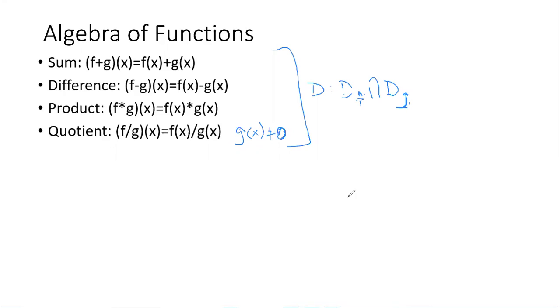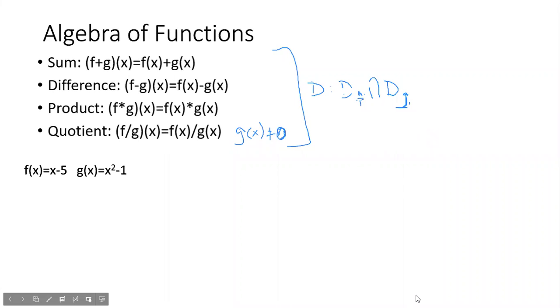And if the domain of f is x is greater than 3 and the domain of g is x is less than 10, then the domain of the function after we do our algebra can only go from 3 to 10, because we have to exclude everything that's excluded from both. But if it's a single number, it's easier to take a look at it that way.